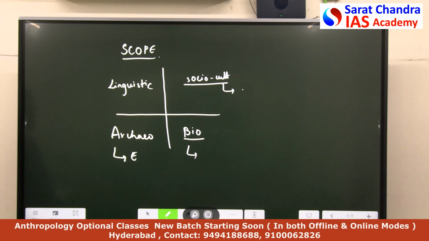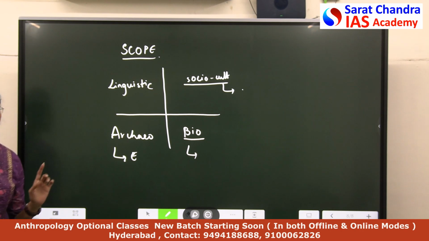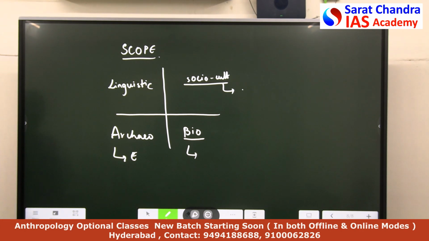And we also study bone remains, how culture evolved, how culture diffused. Only thing is, we can study majorly material aspects in archaeological anthropology because we don't know how people behaved then. We don't even know how people are behaving these days.